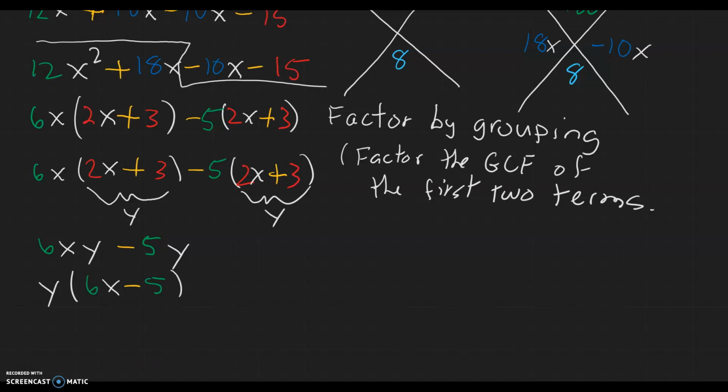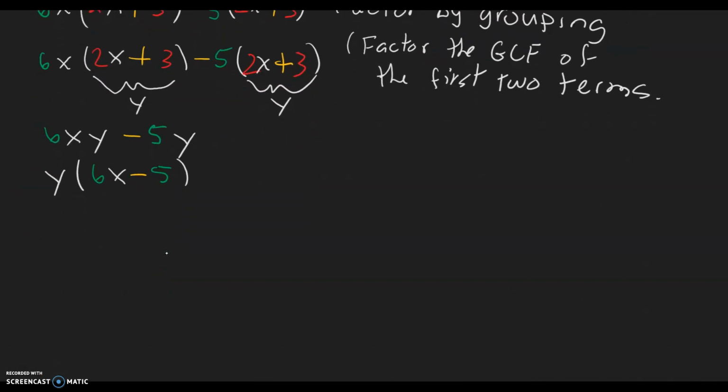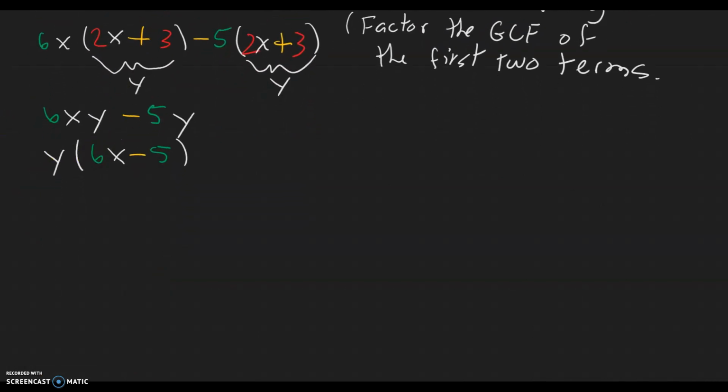So really, when I do this now, I'm really factoring out the 2x plus 3. Here's what's really happening. I'm factoring out the 2x plus 3 instead of the y, because it's really a 2x plus 3.